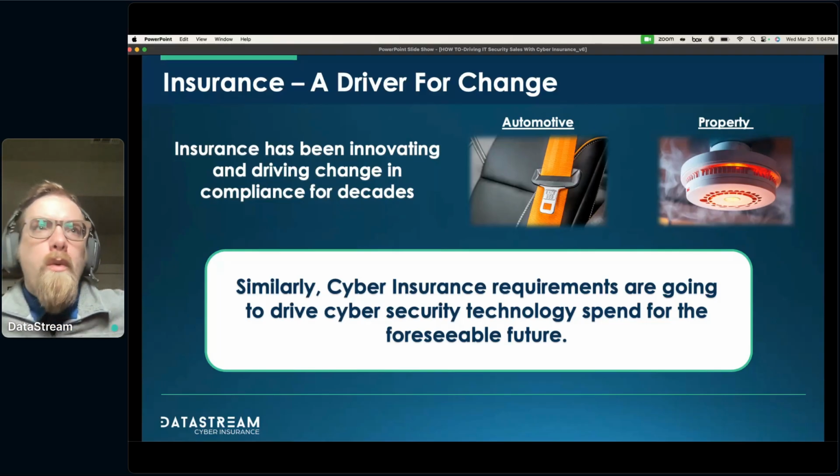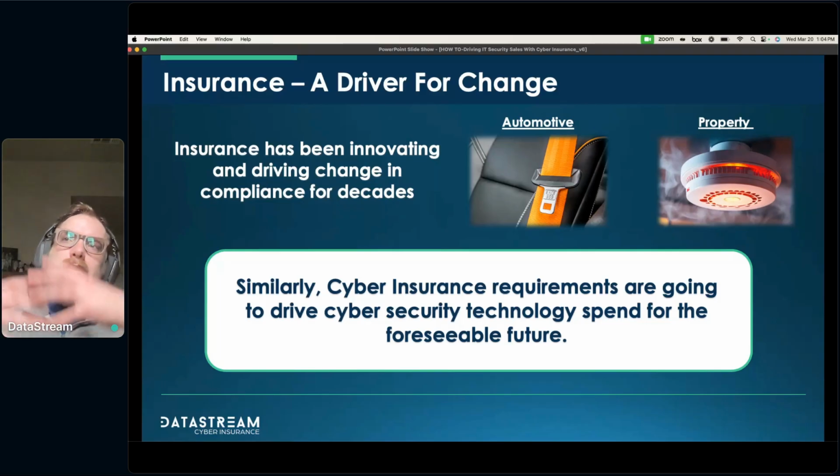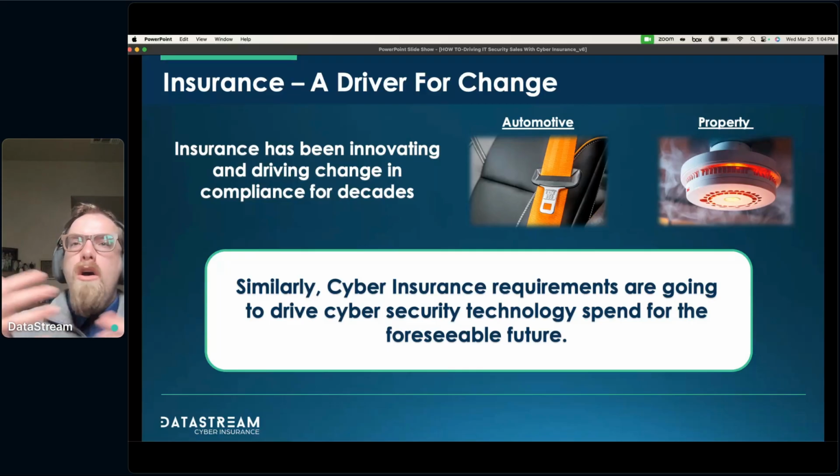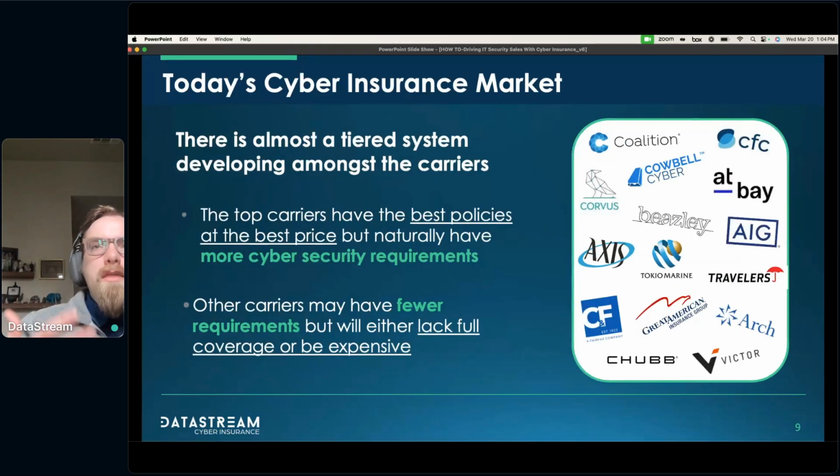Insurance has been driving compliance in those spaces for decades, and the cyber insurance requirements we're seeing pop up are really no different. Insurance has been that driver for a long, long time.